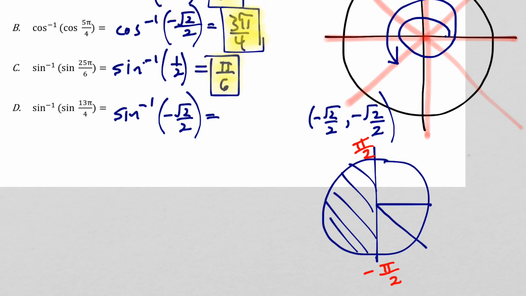Between negative pi over 2 and pi over 2, I've got to call that negative pi over 4. I'm not going to call it 7 pi over 4 because that's not between negative pi over 2 and pi over 2. So I've got to call it a negative angle. This is negative pi over 4. Of course that is coterminal with 7 pi over 4, but this is what I need to call it in order to be within that range, negative pi over 2 and pi over 2.